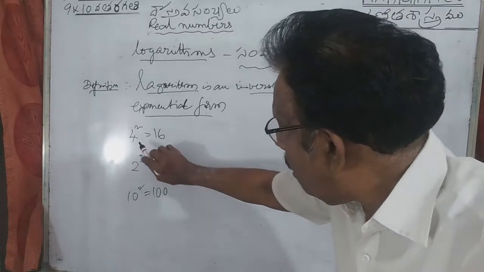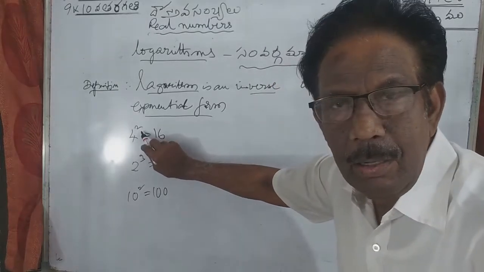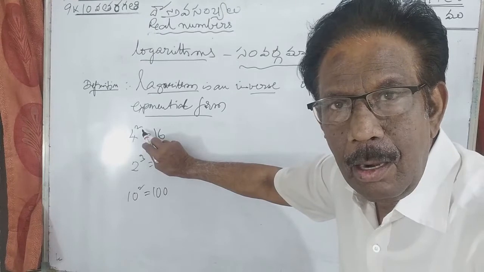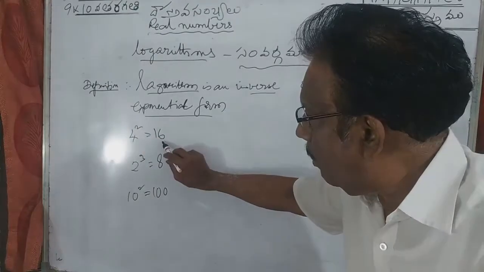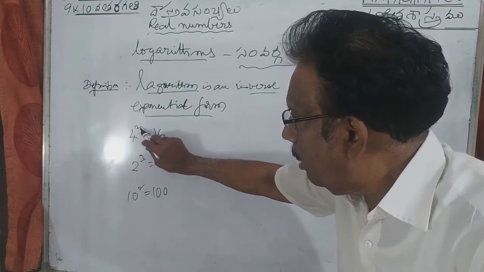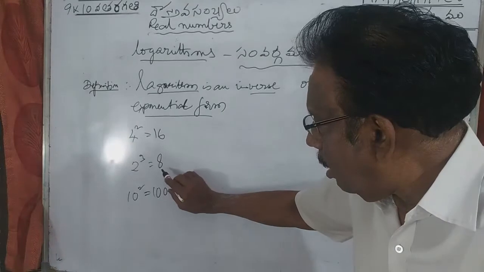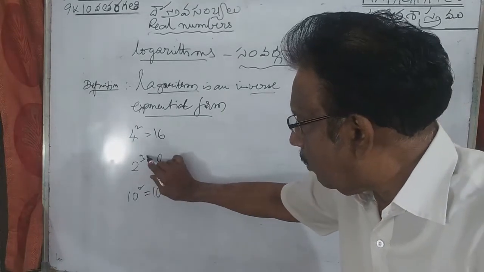Here what is 4? This is the base, and this is the index or the exponent. Understand? So 16 can be written in exponential form to the base 4, and the exponent is 2. Here also 2 is raised to the power of 3 to get 8.